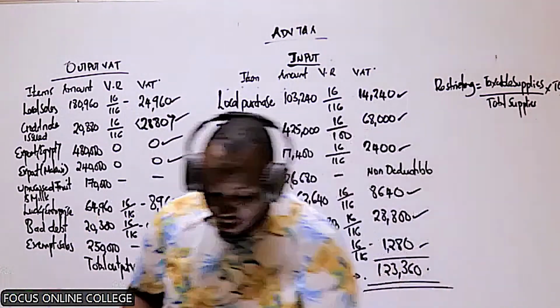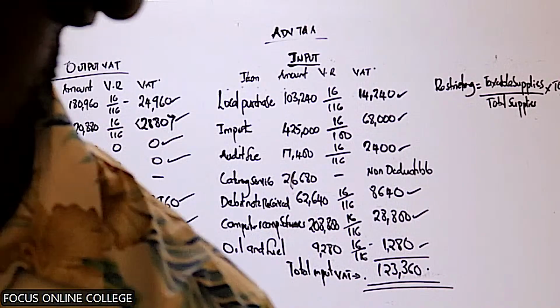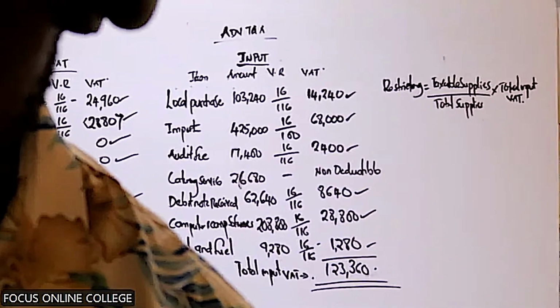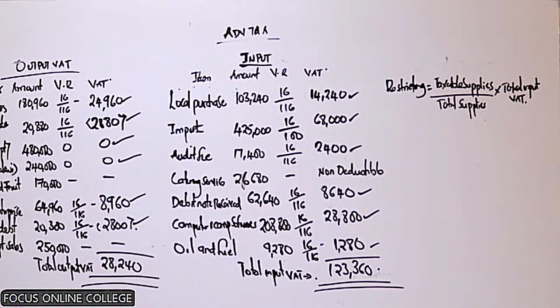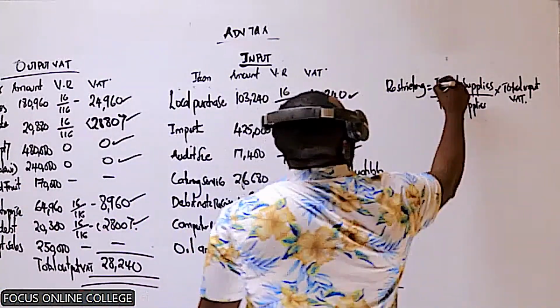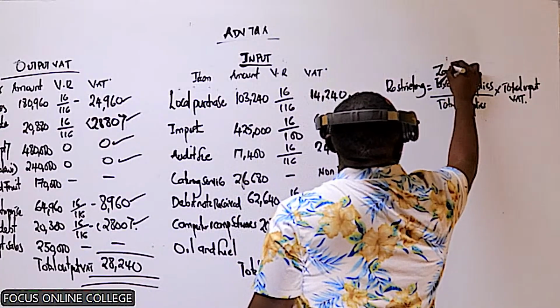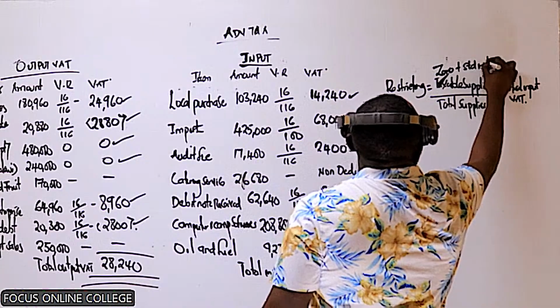Allow me to adjust the camera. So that should be okay. So we're saying when we're restricting, taxable supply we understand is zero rate plus standard rate. Are we together?